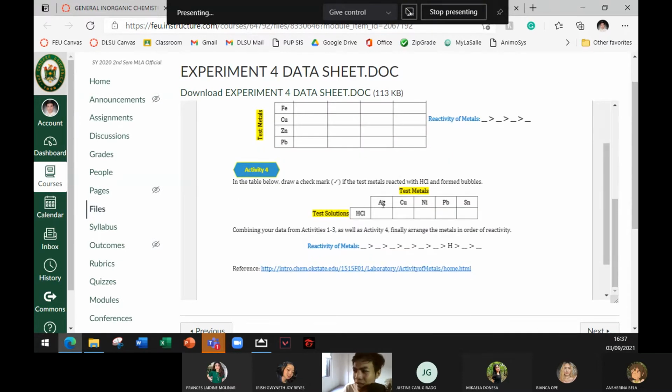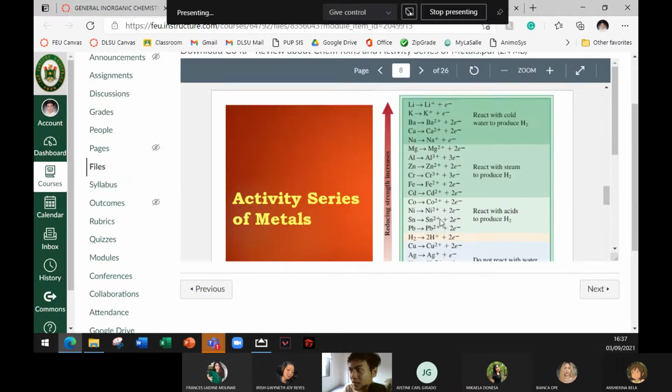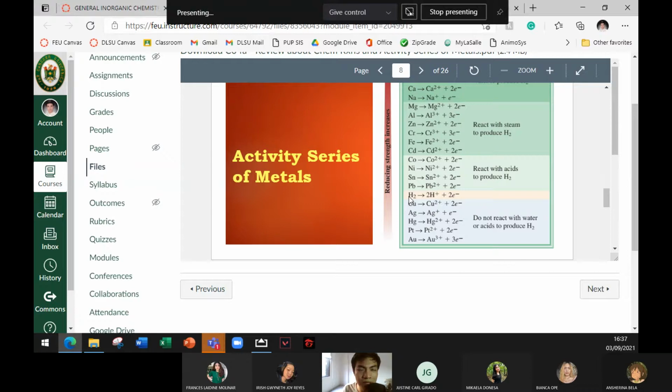Will HCl react with Ag? Titignan nyo dito sa activity series. Kapag ito yung H mo, tapos yung metal mo nasa baba niya, hindi yun magre-react. Yung H pati Ag, hindi sila mag-produce ng bubbles.